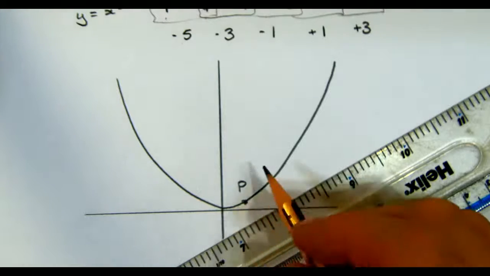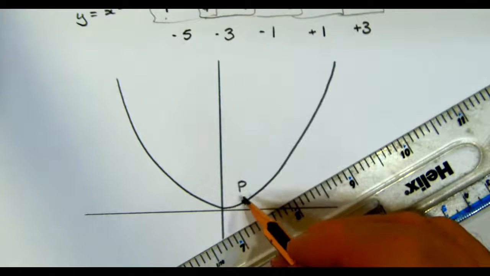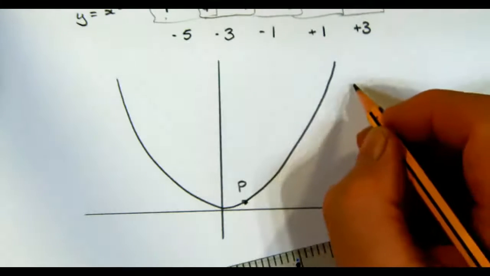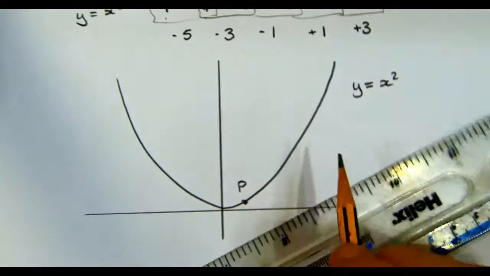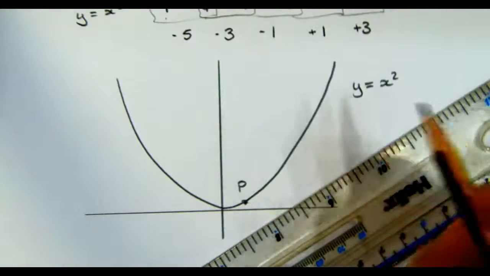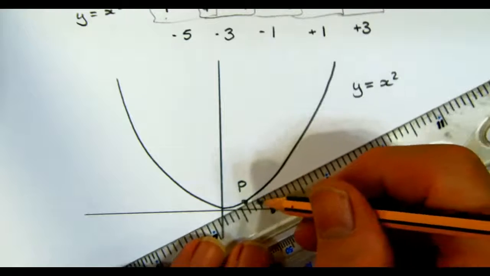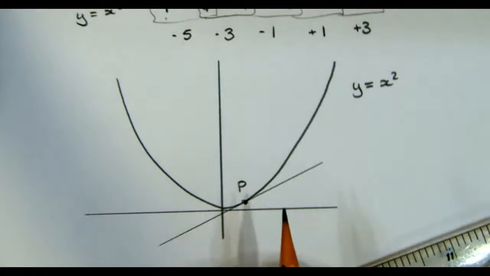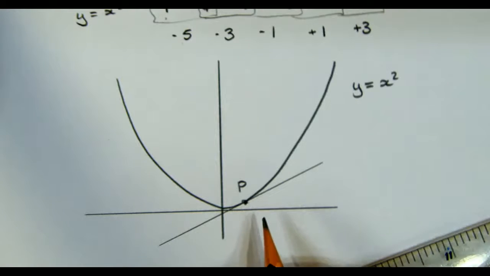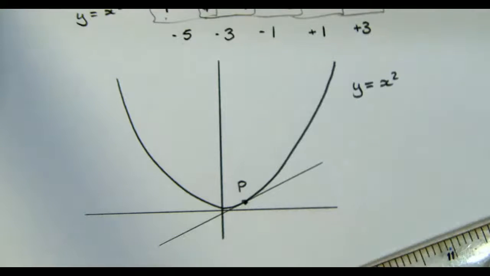So we're going to calculate the rate of change for any point on this curve. This is going to be, in this case, y equals x squared. It's going to be defined here as the gradient of the tangent at this point P.